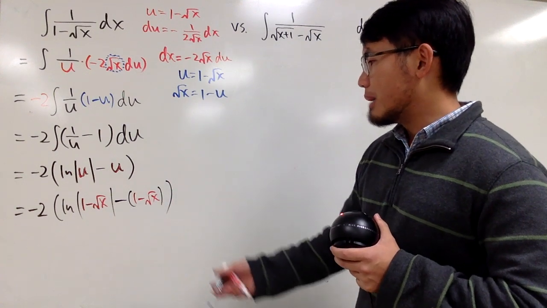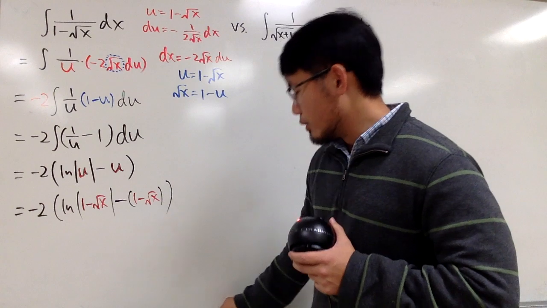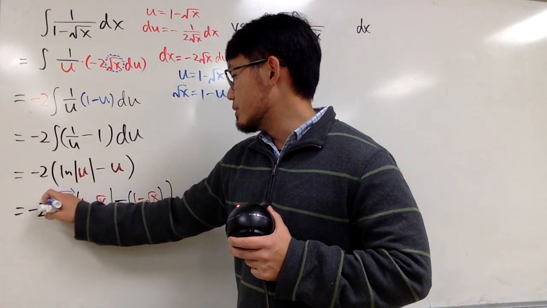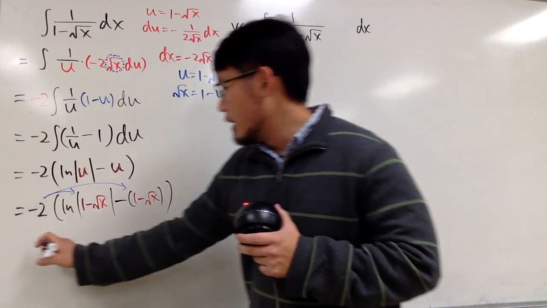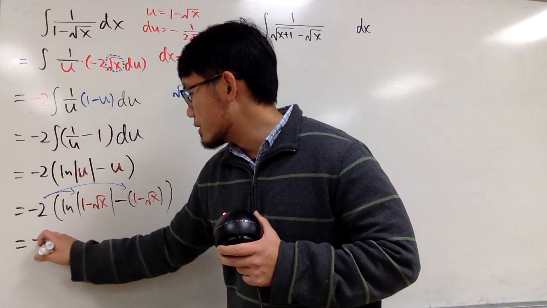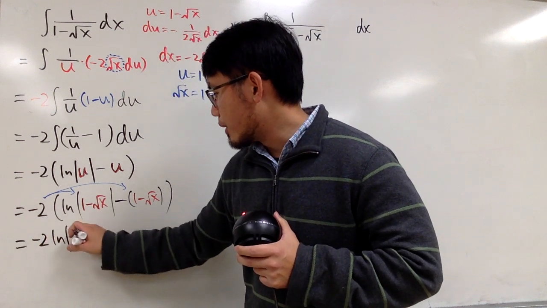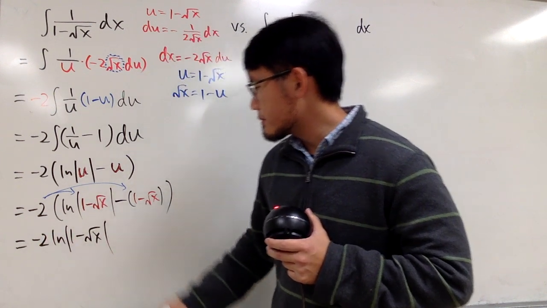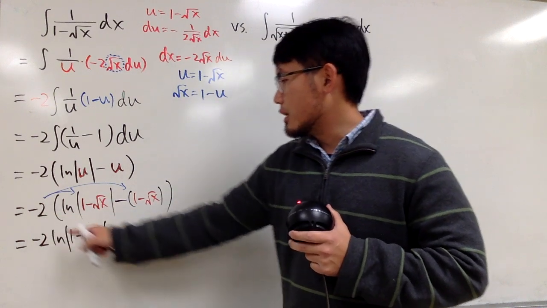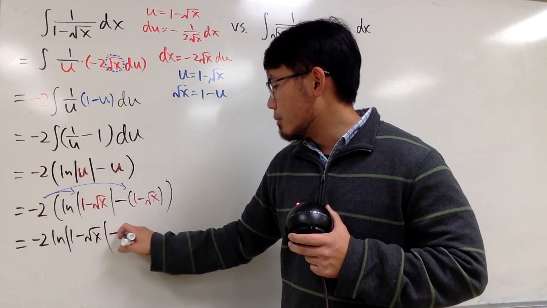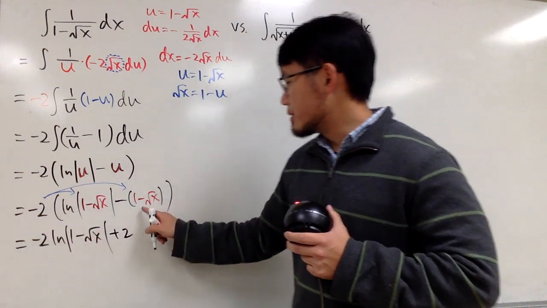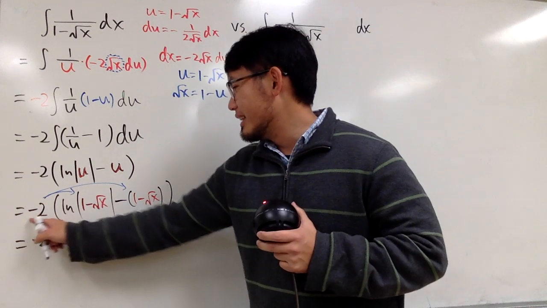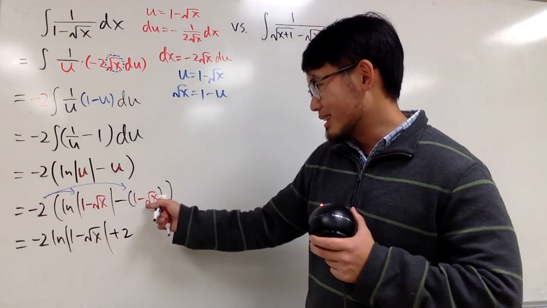You can put on plus c, but perhaps I will distribute the 2. Right? So you just do the usual business, multiply it, do it carefully. And we will have this and that, which is negative 2 ln absolute value 1 minus square root of x. This times that is positive, and you have the 2 times this, which is going to be plus 2. This times all that: negative times negative is positive times another negative.